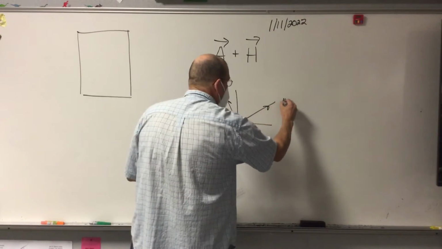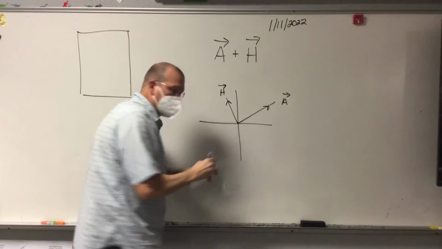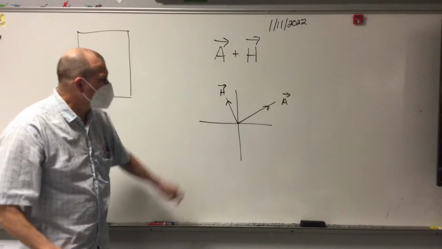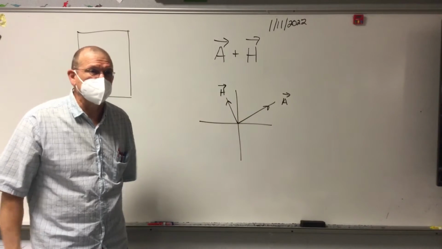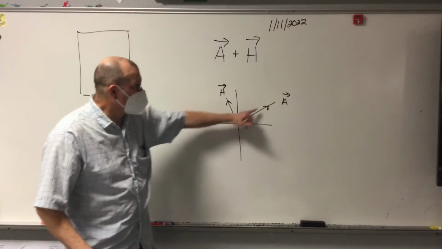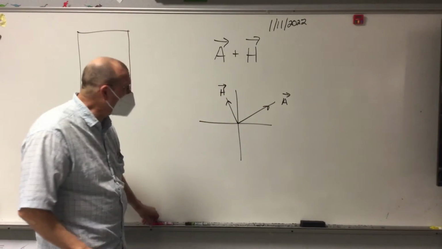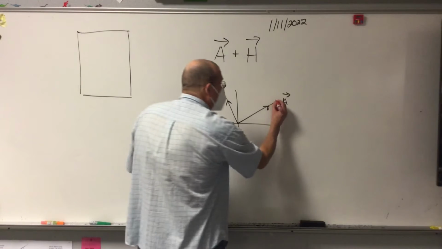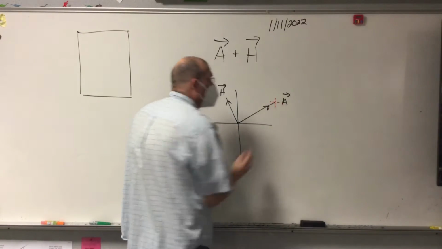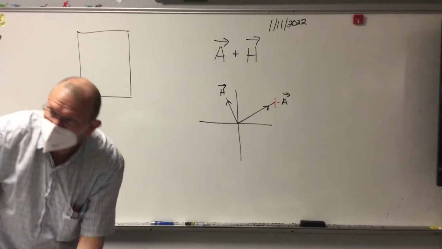So this would be your A, this would be your H. Now, based on what we taught you yesterday, you would never draw both of these like this in the first place. What you would end up doing is drawing A first, and then on the end of A, you would pretend that you have a new set of coordinate axes there.